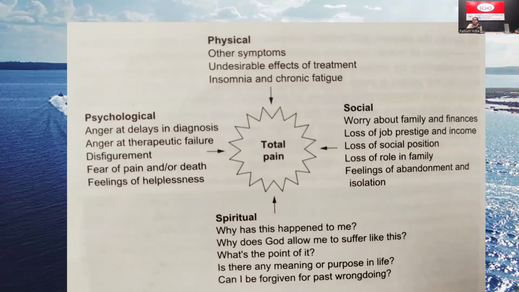Suppose a patient has spent everything they have, and the financial stability is also affected. So how will they be feeling? There is a chance of anger towards the doctor or the treating medical team, right? Or anger at the therapeutic failure, anger at delays in diagnosis.